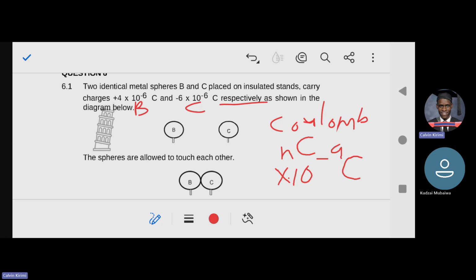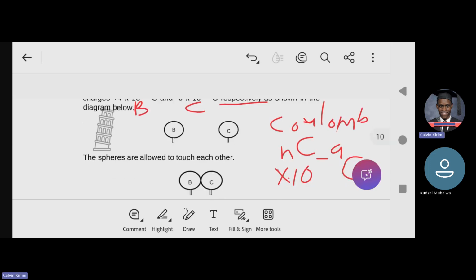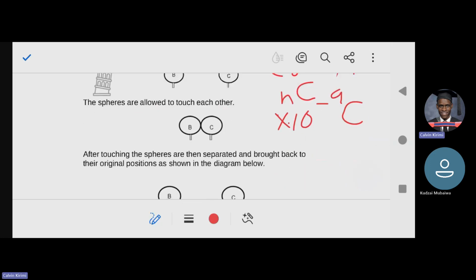If they say microcoulombs, the trick there, micro is 10 to the power negative 6. Yes, sir.